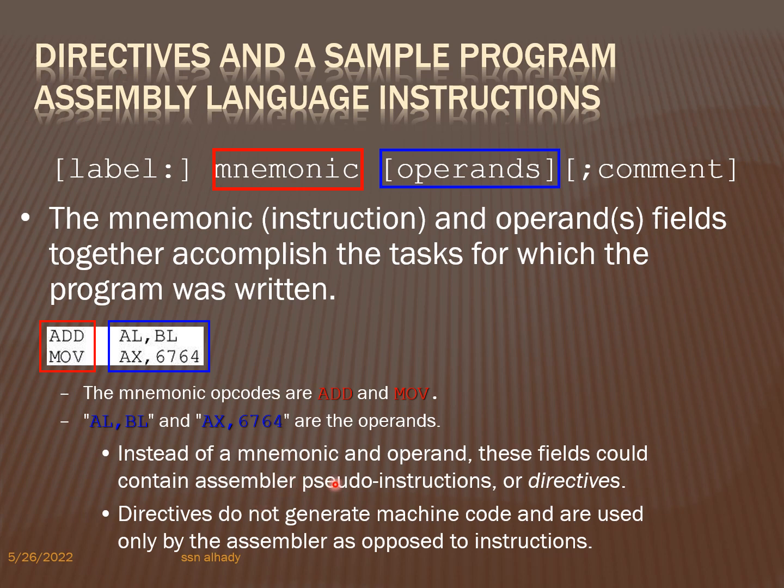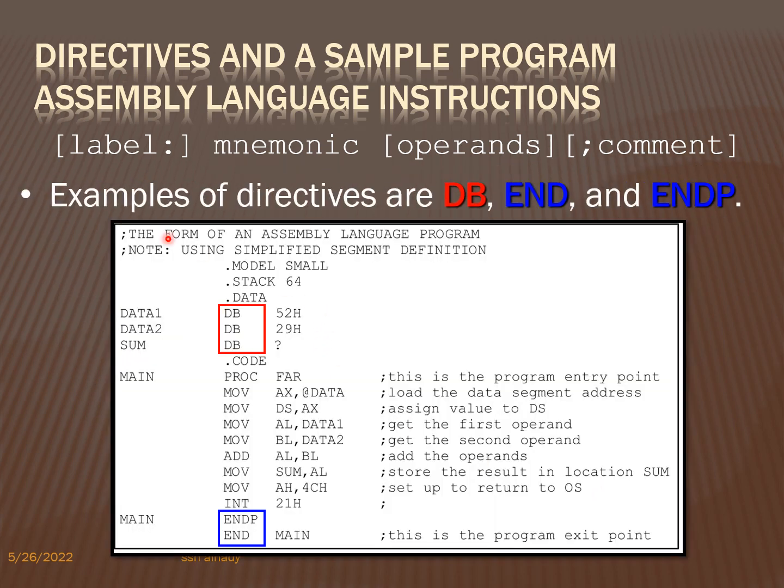Okay, instead of a mnemonic and operand, this field could also contain assembler pseudo instructions or directives. Directives do not generate machine code and are used only by the assembler, as opposed to instructions. Later on we are going to look at the directives.